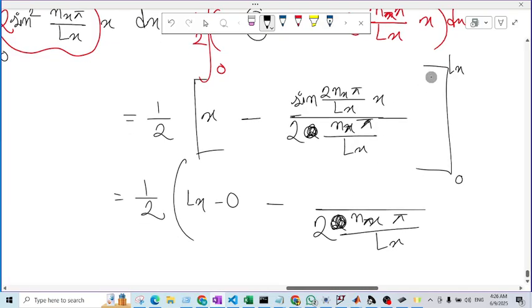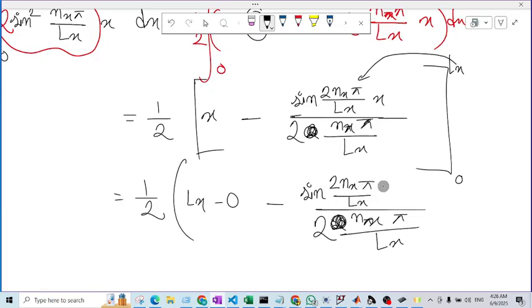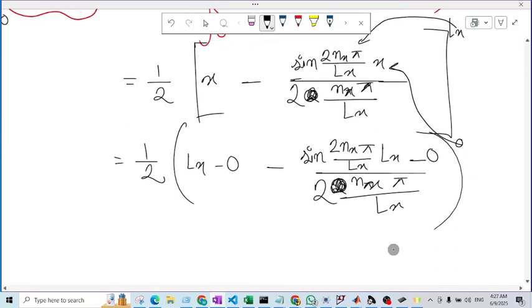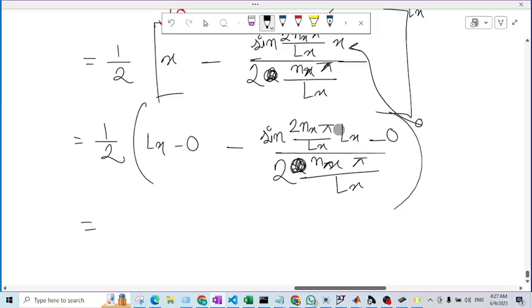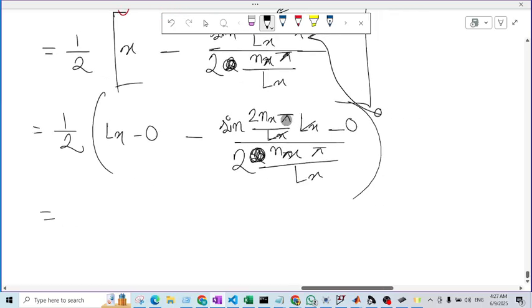Why? You will see that if I put Lx here I will get sine 2 nx pi divided by Lx into Lx, then if I take 0 here I will get 0. And now please look carefully, this Lx and Lx cancels out, then I will have sine nx 2 pi.